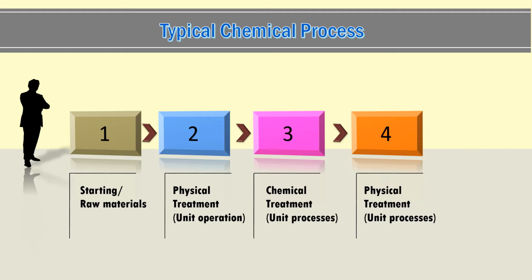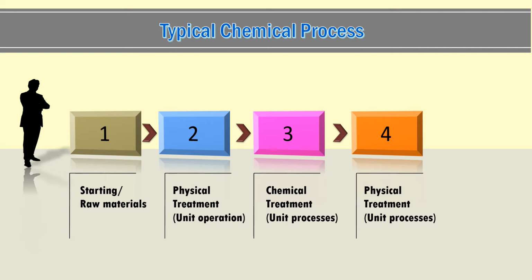We take the solid product and filter it. We will get the solid product on the filter bed, and the residual liquid will go into the basin. So that is the physical treatment.